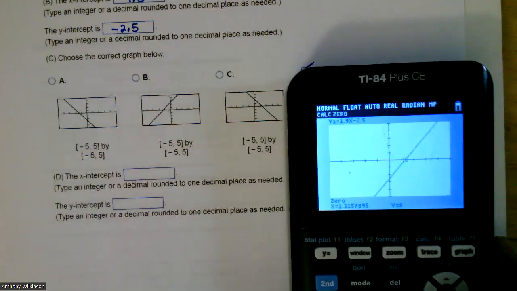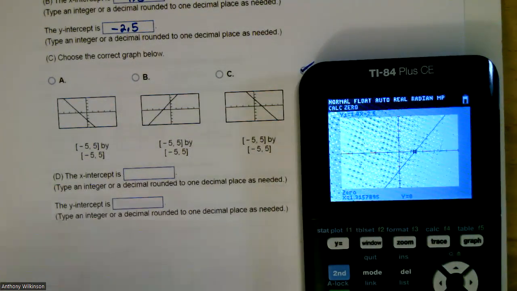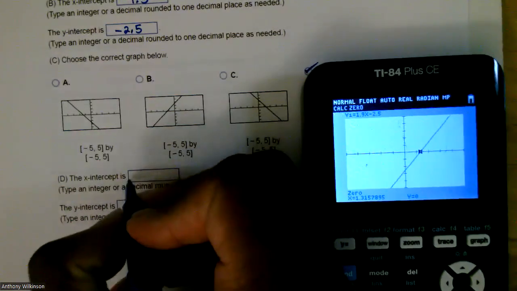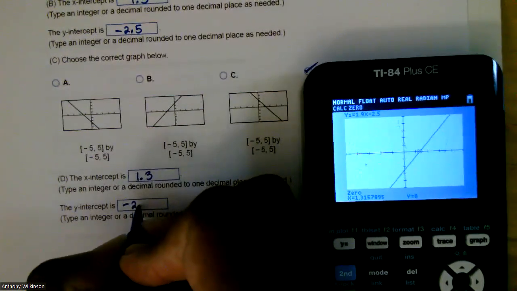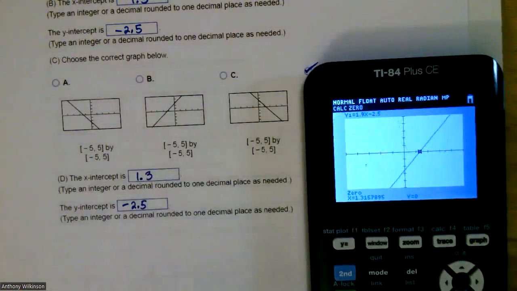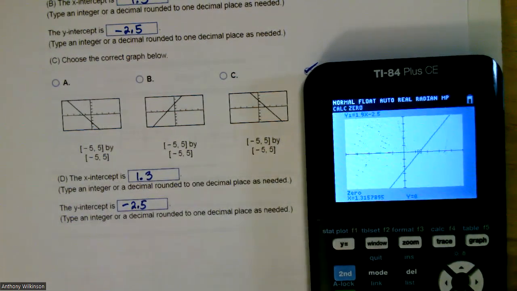And then, of course, find the x-intercept and the y-intercept. We already found those. That's just going to be 1.3 for your x-intercept. The y-intercept, of course, is negative 2.5. Using the graphing calculator, I just showed you how to do that.